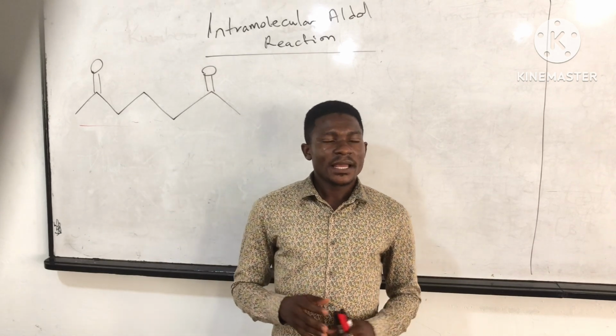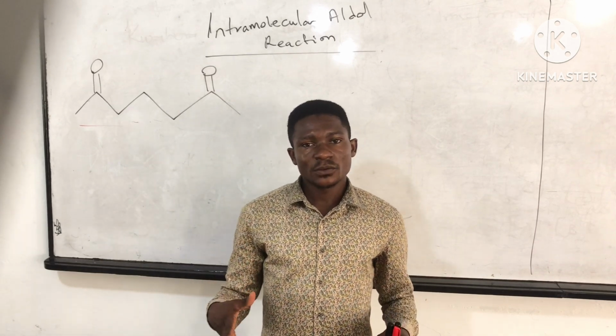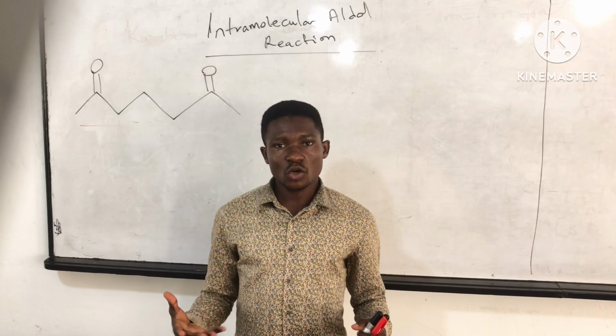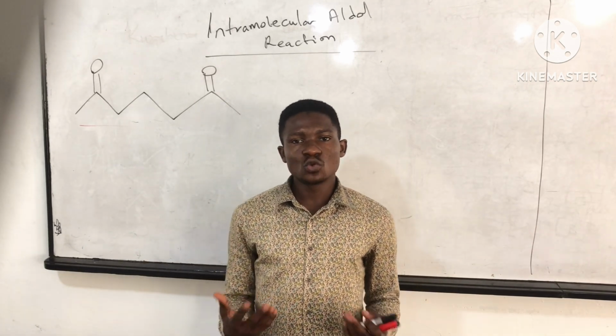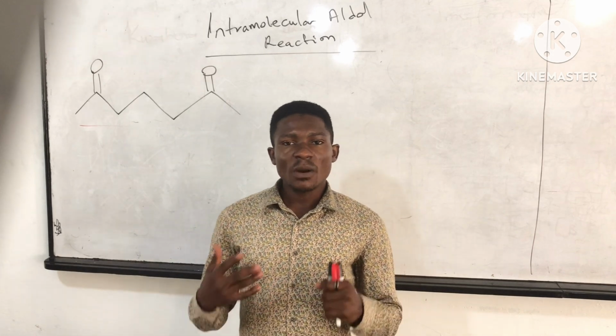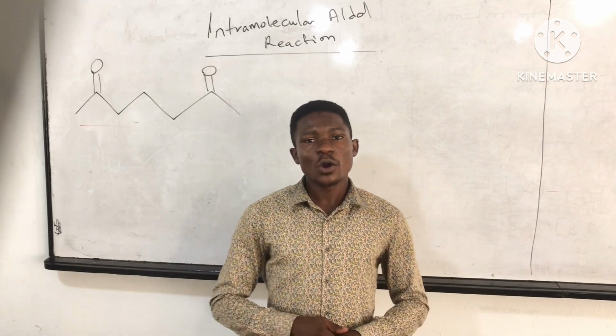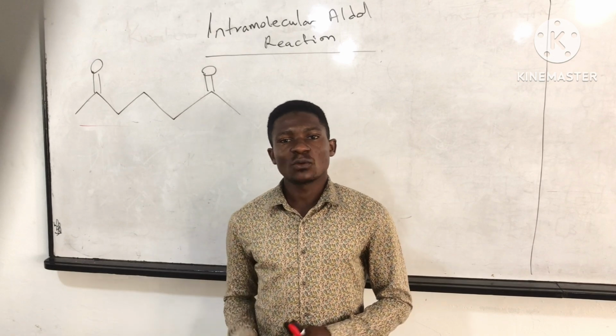It is the same molecule that has two functional groups within it. So it could be one molecule having two ketone groups, two aldehyde groups, or one aldehyde and one ketone group.